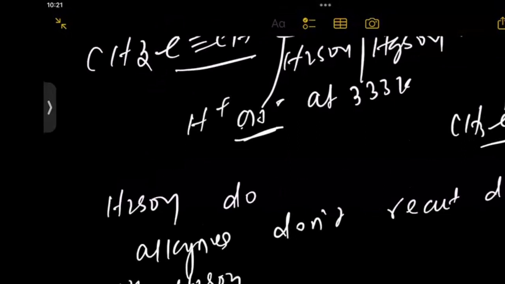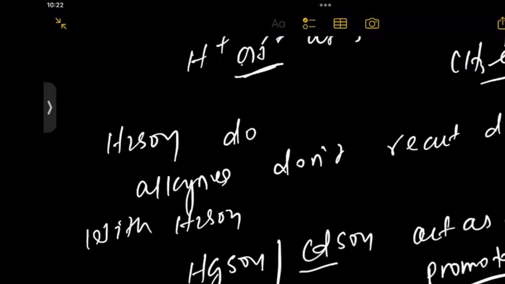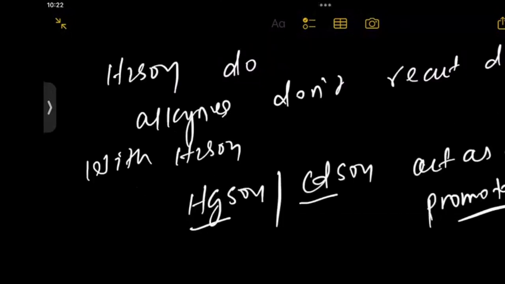So either HgSO4 or cadmium sulfate, which have a large surface area, act as promoters, which accelerate the reaction of H2SO4 with the alkynes. What I'm telling you is that H2SO4 alone has no effect on the carbon triple bond. Got that?